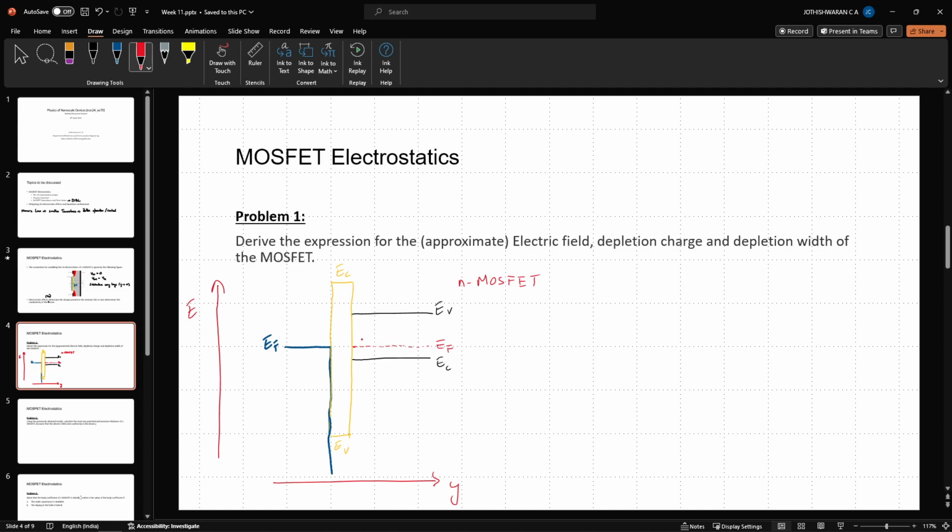I shall not draw this figure again, as it will take a lot of time. But what I shall do is the following. We have the metal Fermi level, and we need not care about the oxide layer for now.